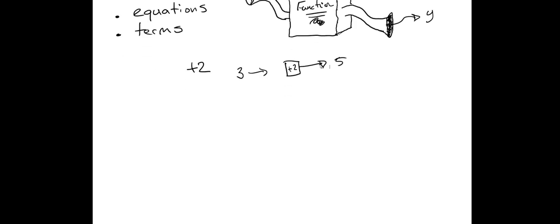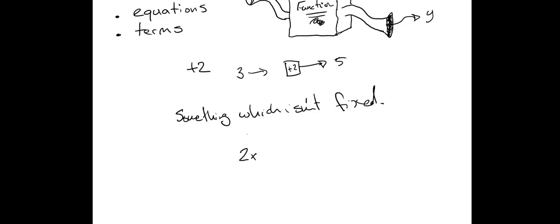Variables. Think of variables as something which isn't fixed yet, and something that can take any number that we put in. So let's say we have a function, and the function is times 2. Well, the variable would just be a placeholder, sometimes called x, and we choose x because it's just the least used letter in the alphabet.